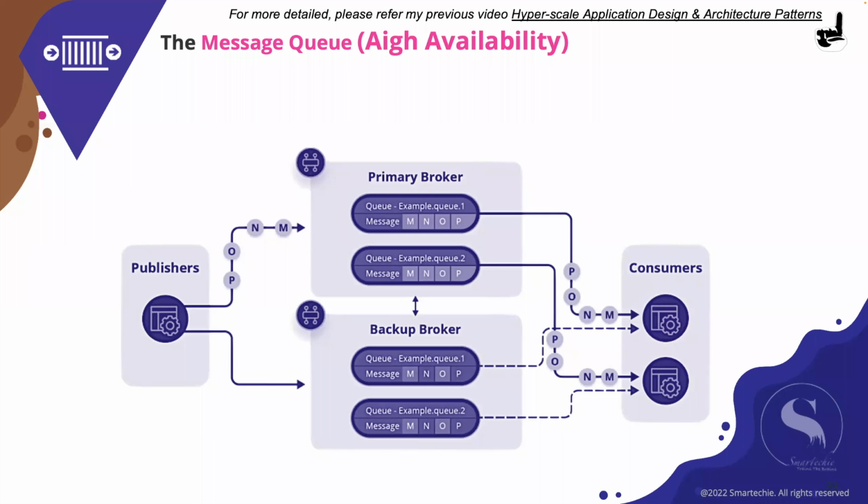High availability can be achieved by adding a backup broker to the primary broker. This can be achieved using the quorum technique, like 2n+1 brokers in the cluster. We will talk about quorum a little more in depth in a different session.